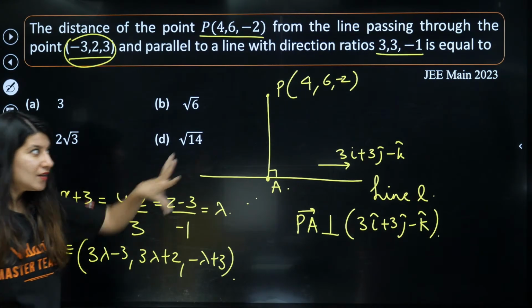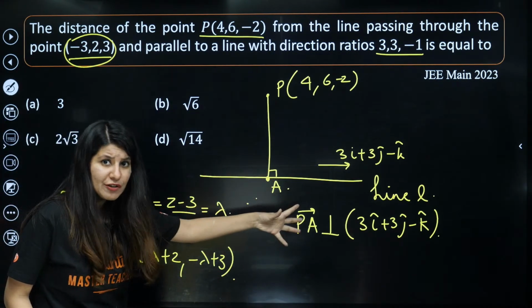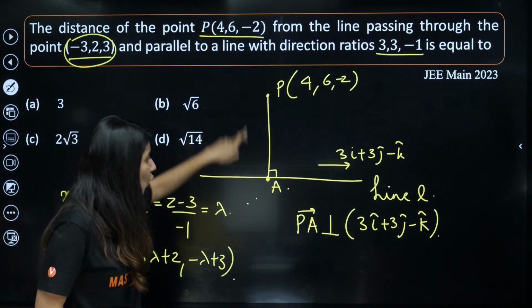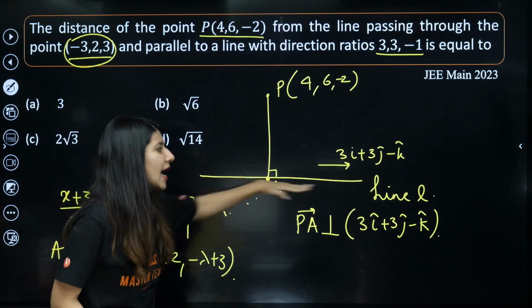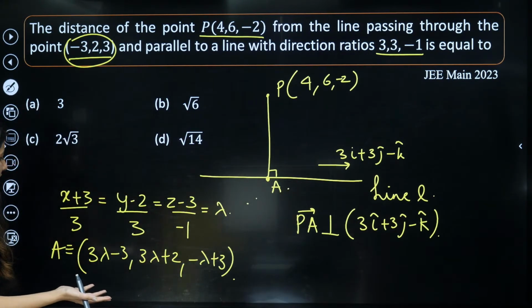Are you getting my point? The whole concept, right? The moment you need to figure out the foot of perpendicular, basically what you need to do is take the dot product between PA and the line itself. So calculate the PA vector, guys.